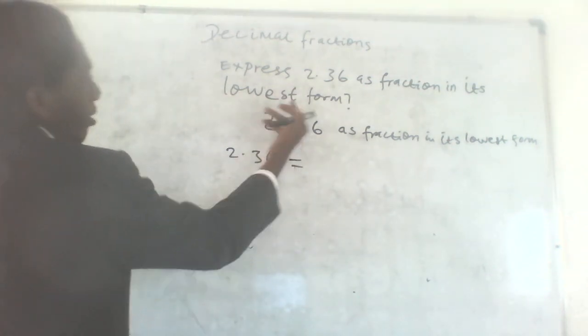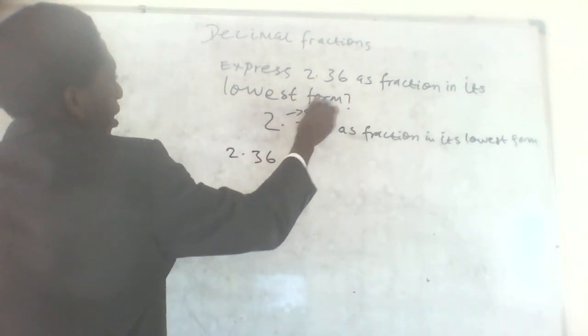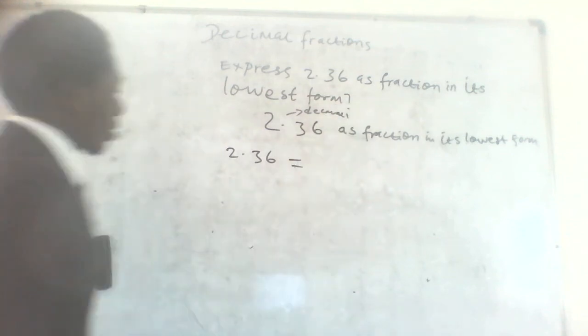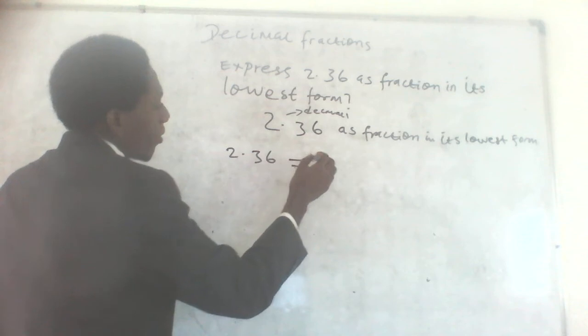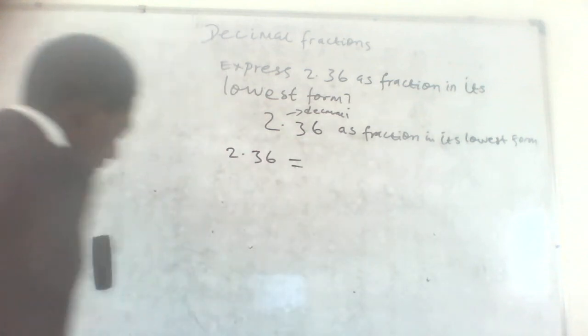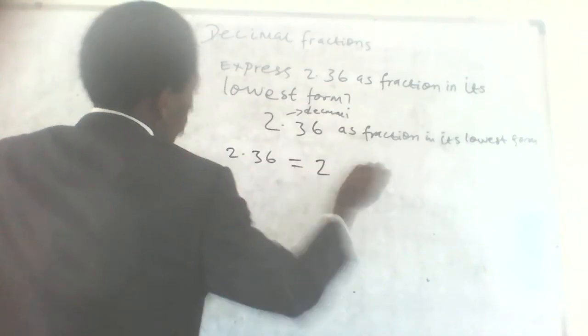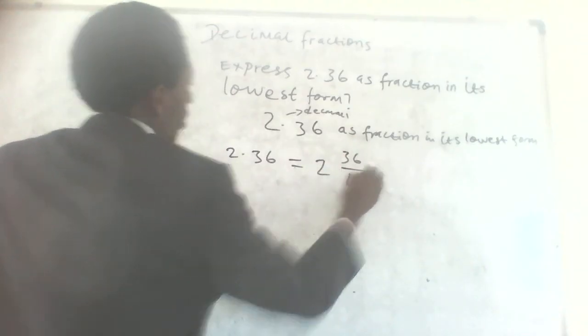This point here is what we call a decimal point. So this 2, I can say is my whole number, but in reality, I can just say this is two whole number, 36 over 100.